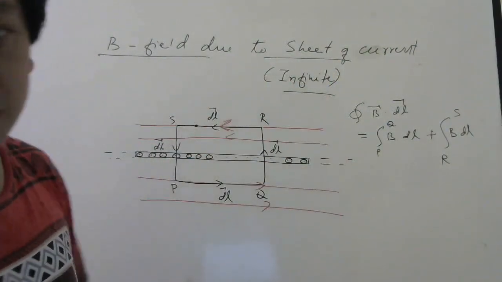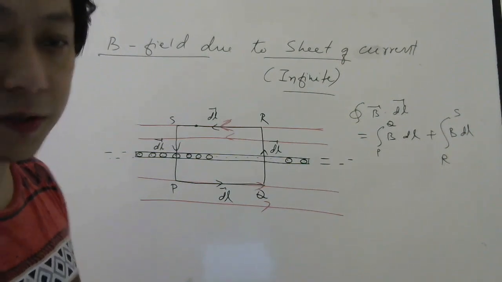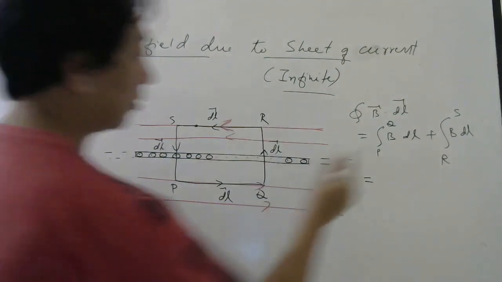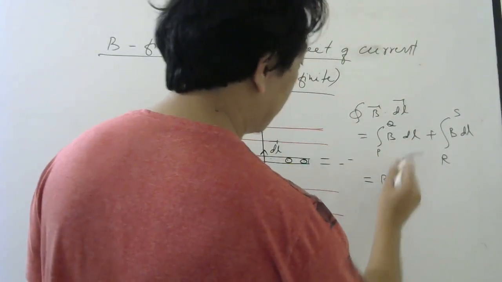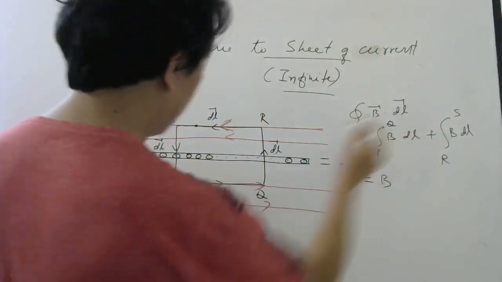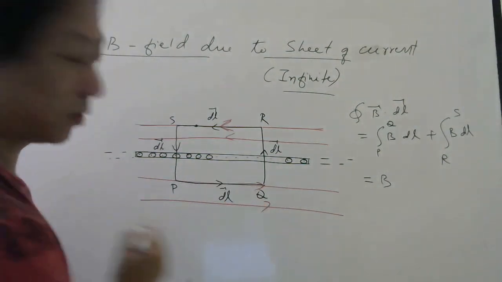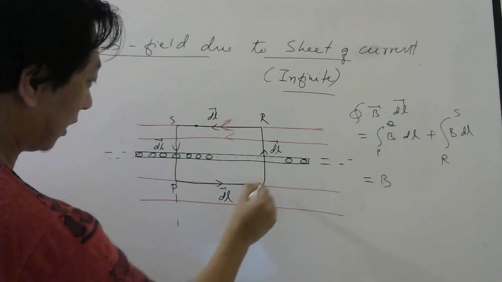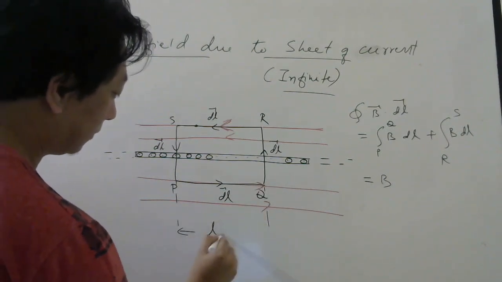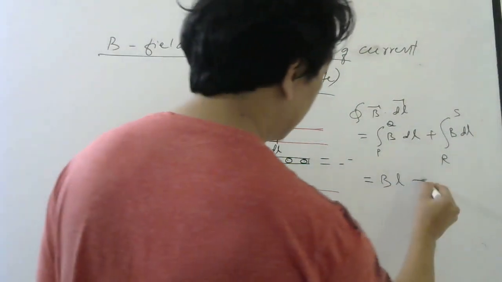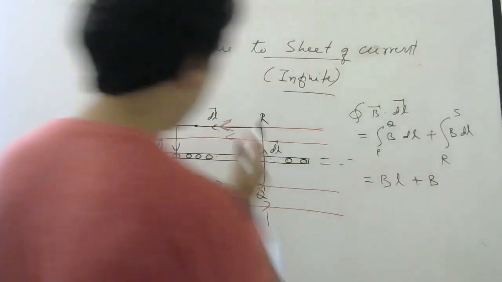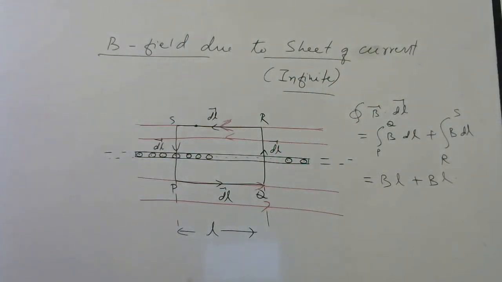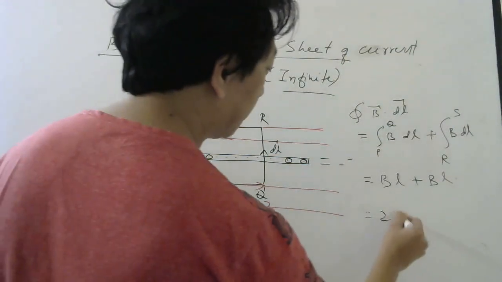So this will be the left side of Ampere's circuital law. Since the magnetic field is uniform here and here, you can take B outside the integral of dl from P to Q. If you integrate dl, dl, dl, you will get the total length. Let us say this length is L. So L plus this, B will also come out, this will be L. So this will give me 2BL.